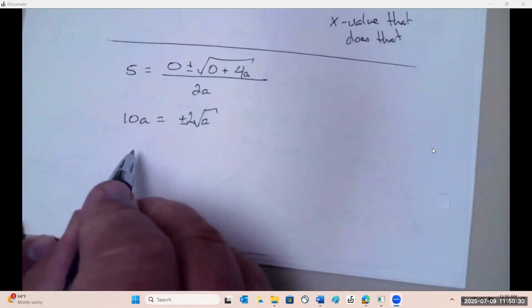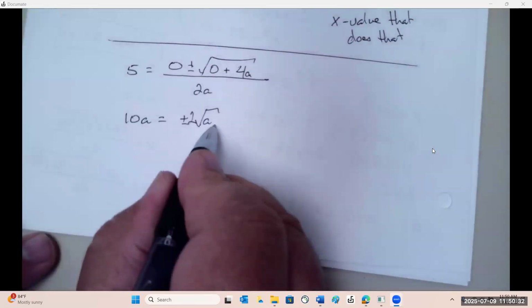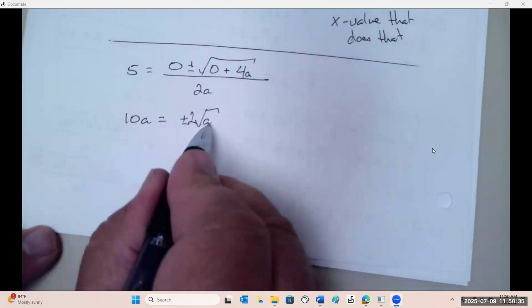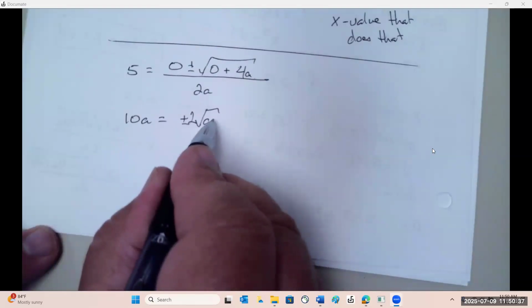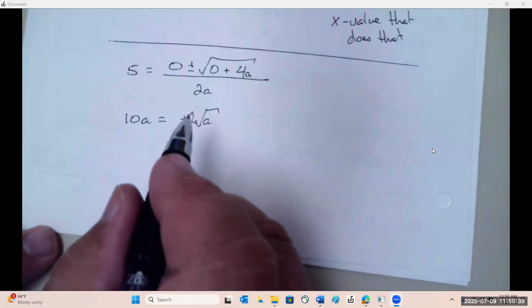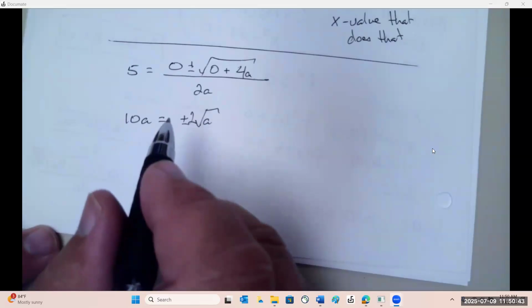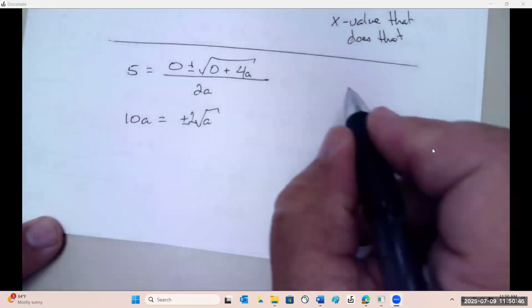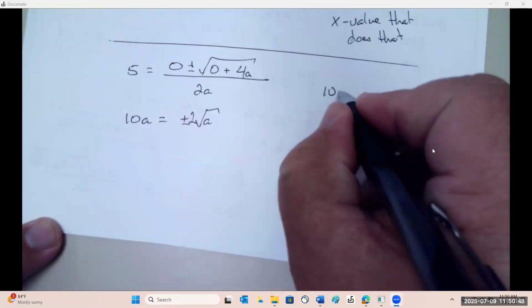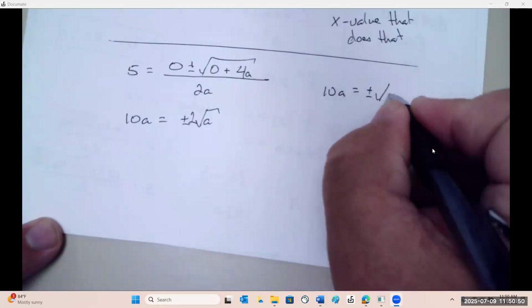So we have a radical. We can't have that. So how do we get rid of the radical? You could square. We should have here, we had 10a equals plus or minus.